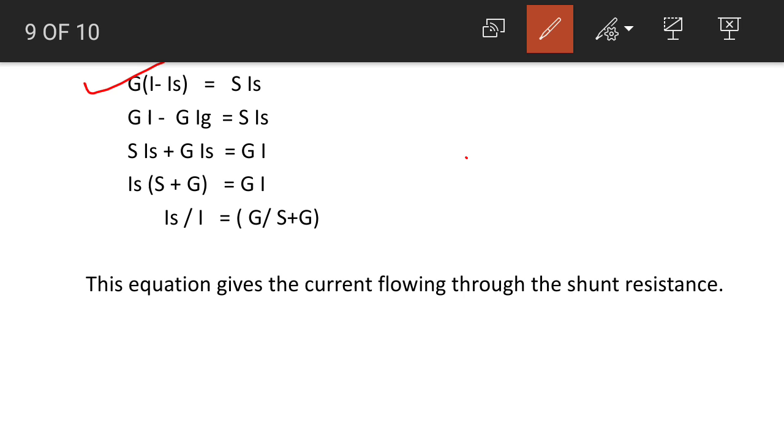Therefore S into Is plus G into Is is equal to G into I. Here in this equation, Is is common.